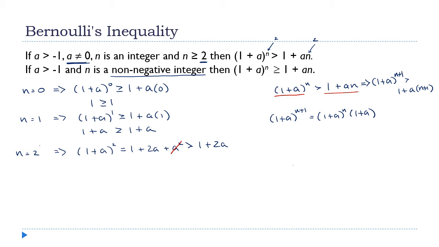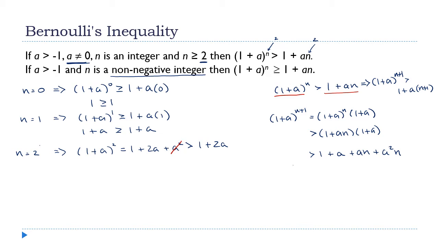This must be greater than (1 plus an) times (1 plus a). All right, excellent. Let's multiply this out and see what we get. This is greater than 1 plus a plus an plus a squared n.